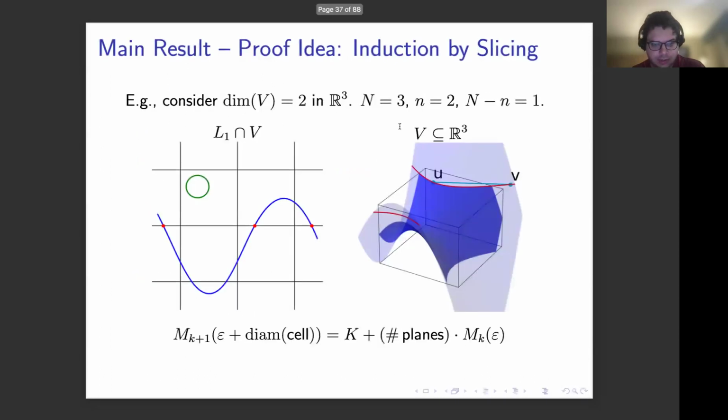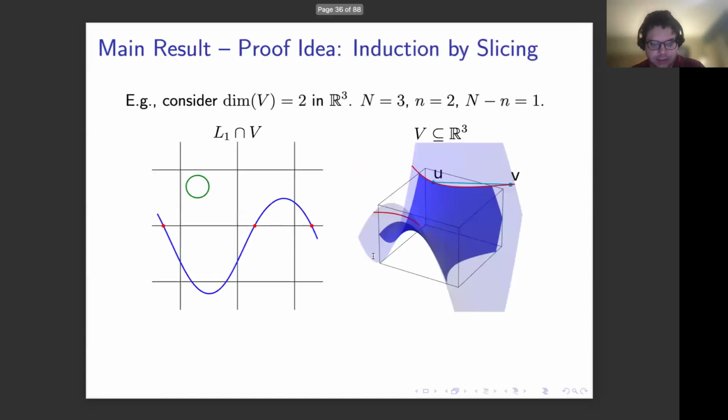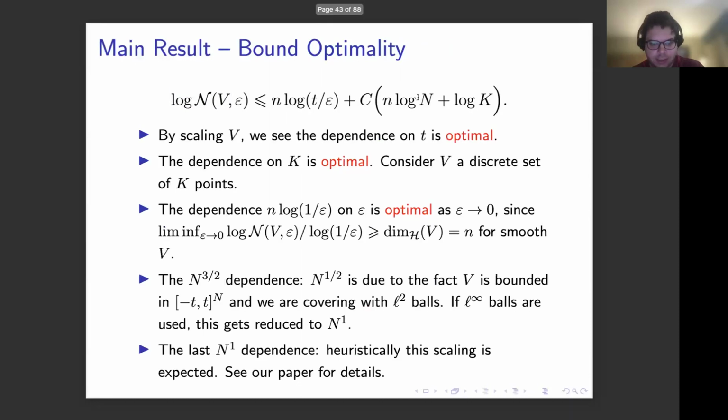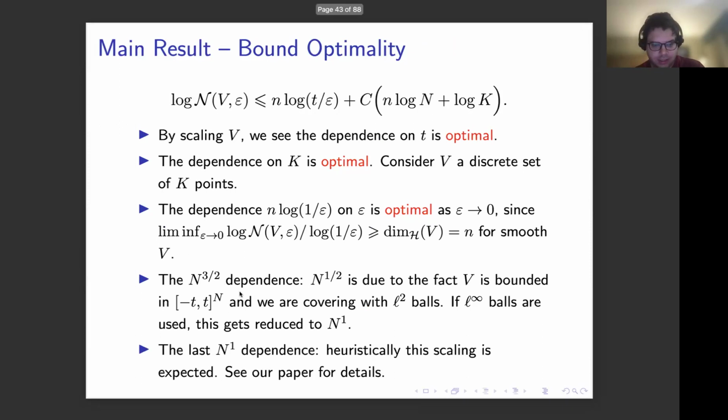So back in this result, in our main result, we had a capital N to the 3 over 2. So that's this constant in front of log n. This 3 over 2 may be optimal. We have a heuristic argument for why a 3 over 2 here seems needed.